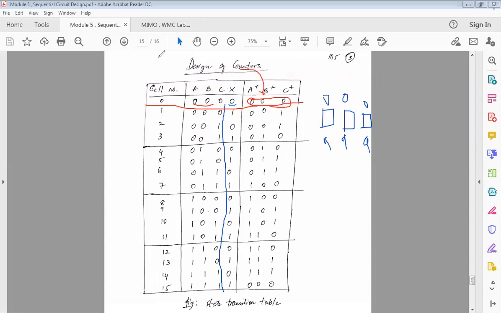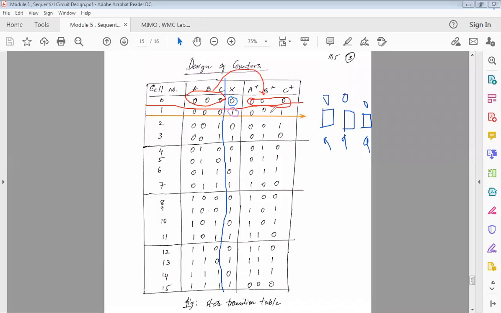Let me see if I can get a proper, yeah. Fine. So now you check. You have this here. Now when my clock goes high, so I am checking for clock going high.